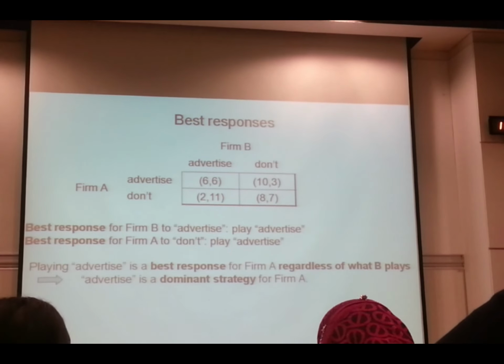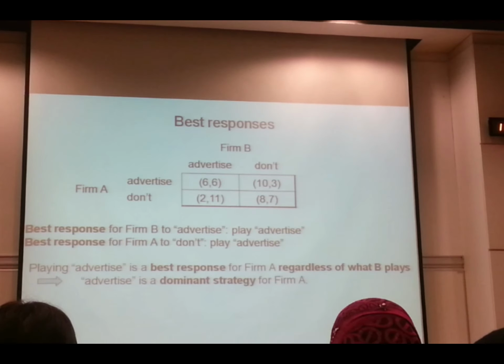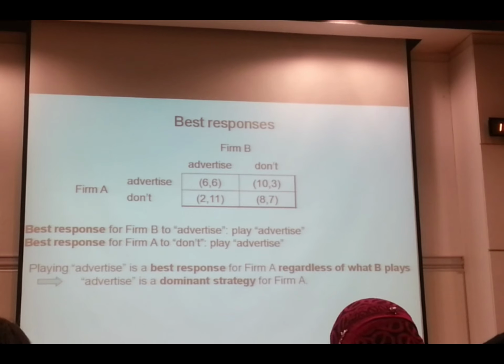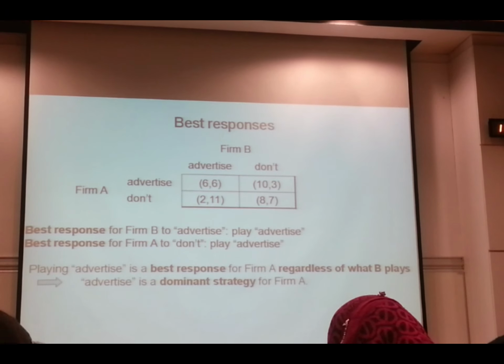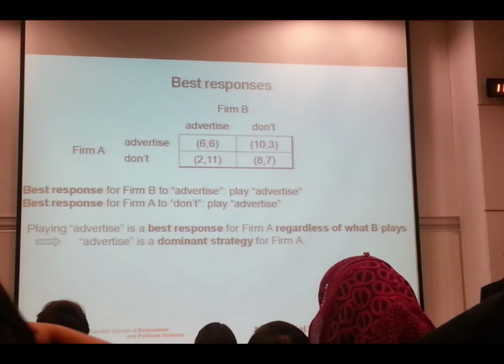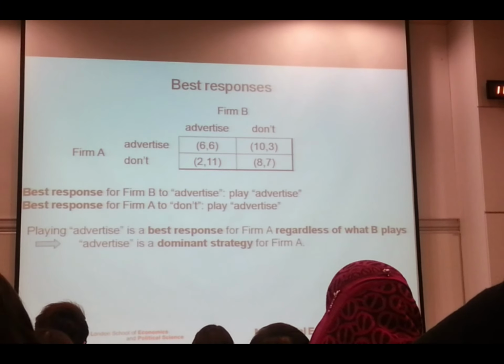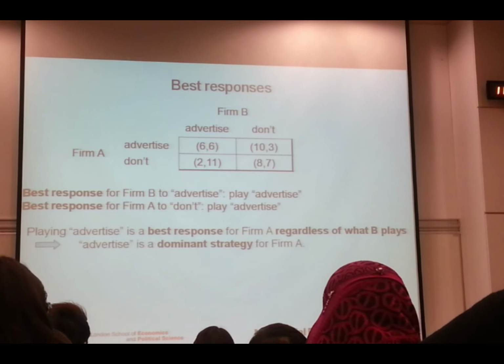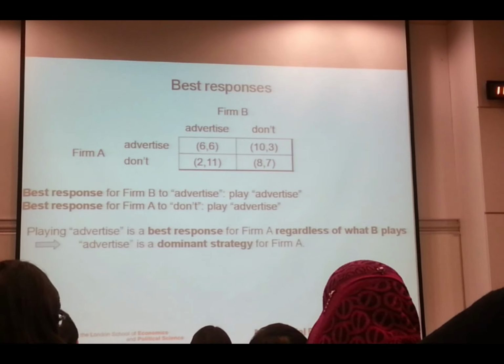If firm B goes for the left column, so they advertise, it's best for firm A to advertise as well. And if firm B doesn't advertise, it's also best for firm A to advertise. This means that advertising is a dominant strategy for firm A. A dominant strategy, therefore, is a strategy that's always the best response, regardless of what the other player plays.